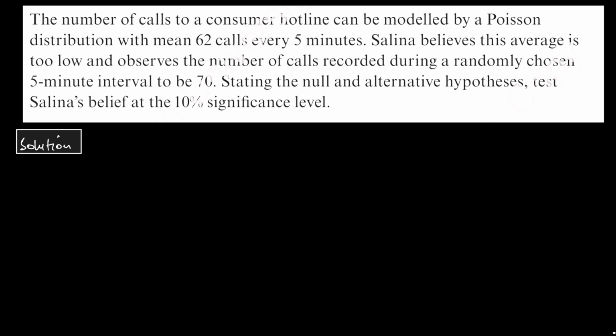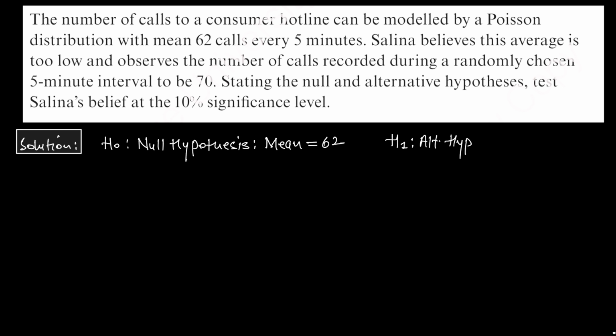Solution for the given question. So here we need to write H naught, that is the null hypothesis. The null hypothesis says that mean should be equal to 62, whereas the alternative hypothesis suggests that mean should be greater than 62.